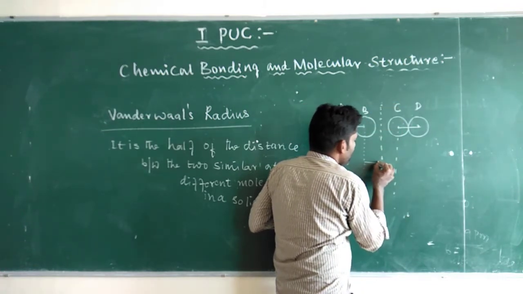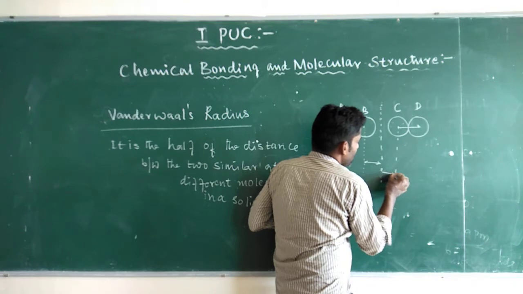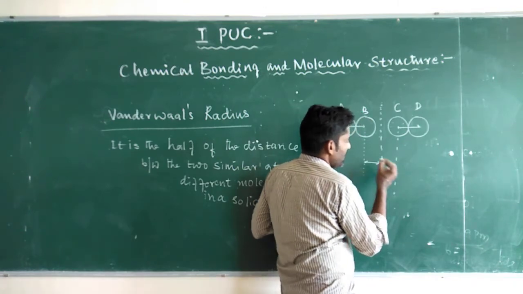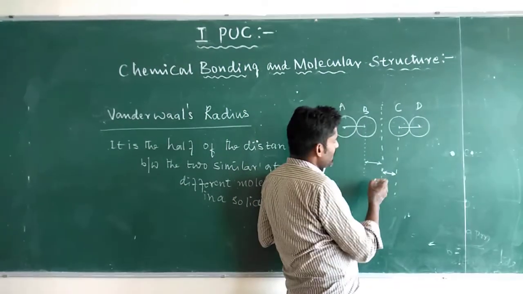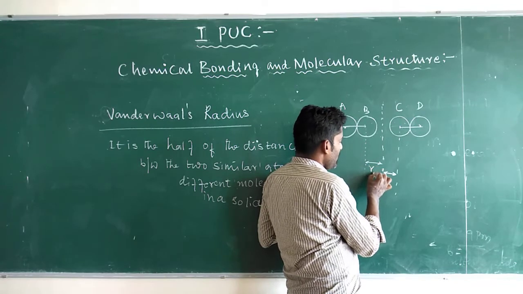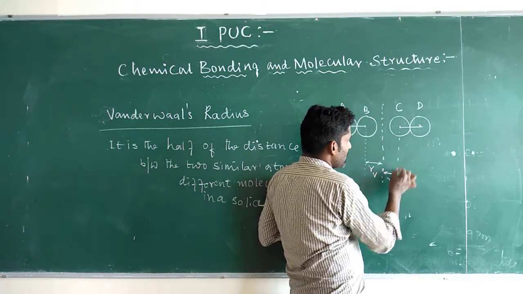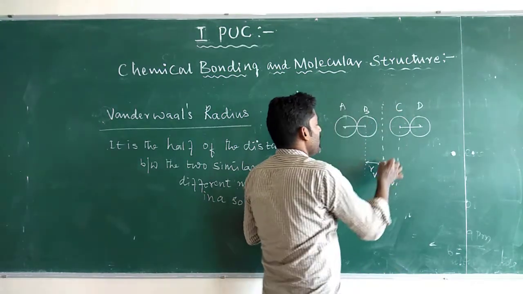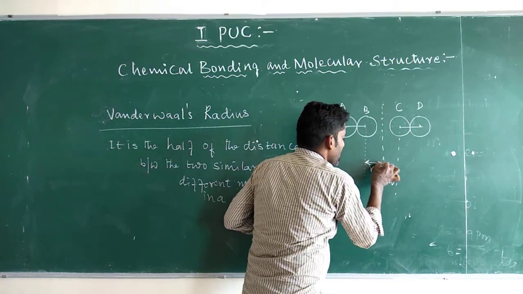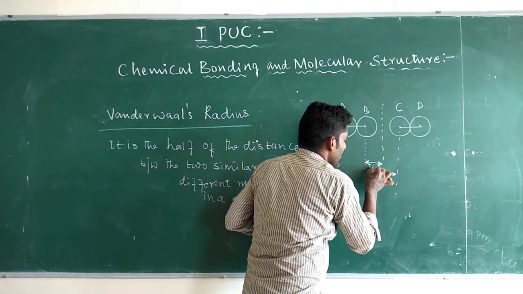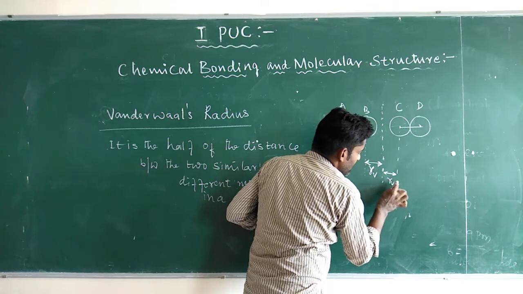So half of the distance between two covalently bonded atoms of different molecules is called RV. RV means Van der Waals radius.